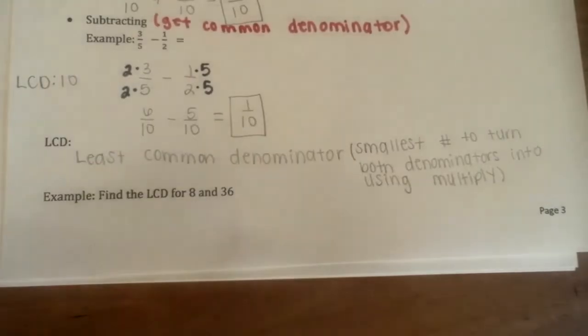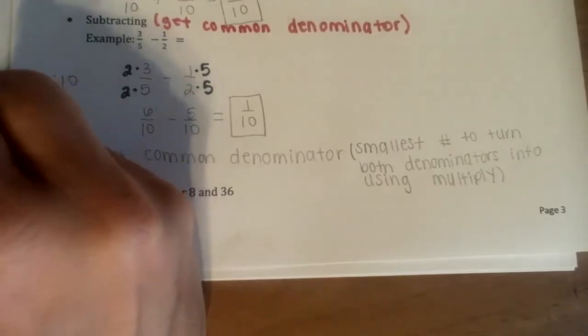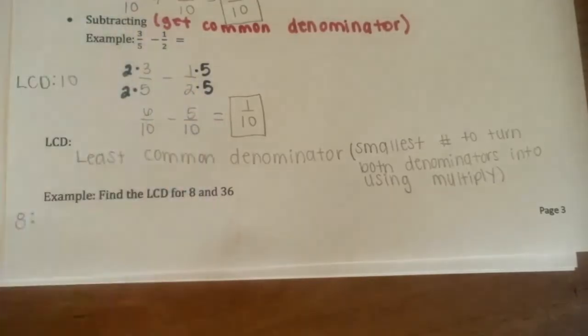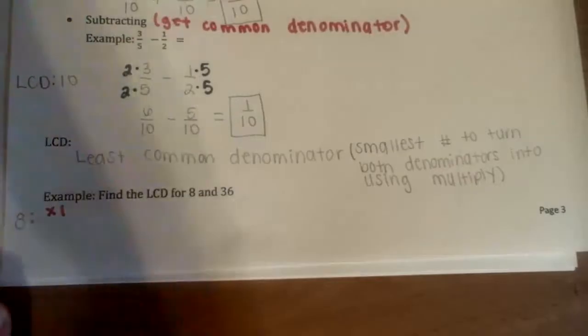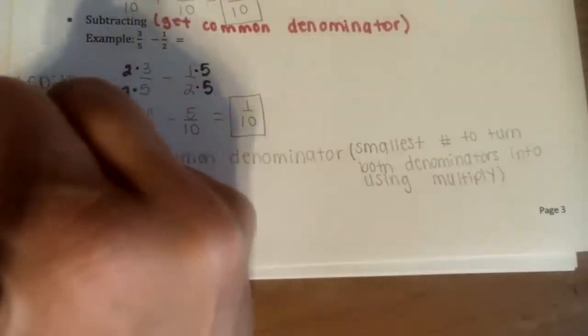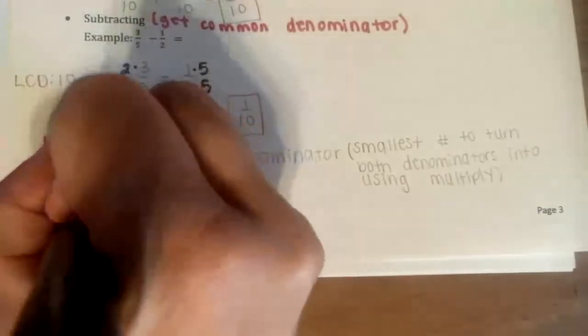All right, so if we have 8 and 36, let's see what are our different options that we can turn 8 into using multiplication, and we can turn 36 into using multiplication. So we have 8. So I can do, let's say, 8 times 1, which is 8. We can do 8 times 2 to give us 16.